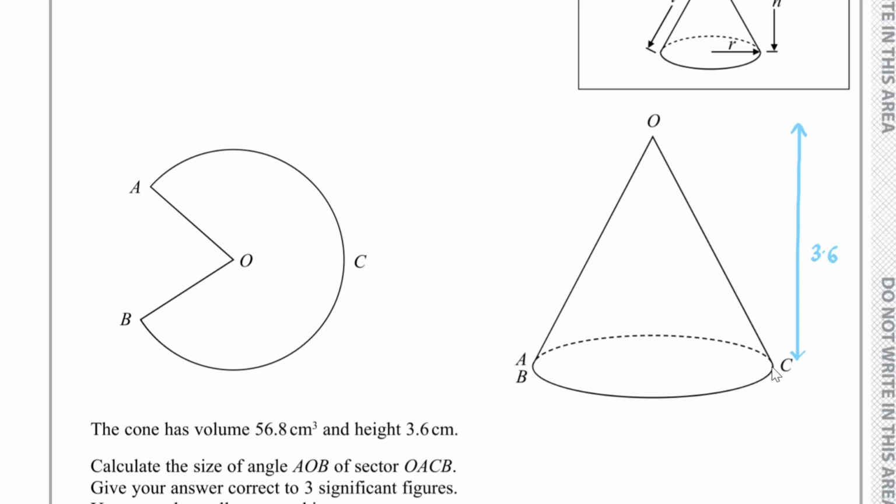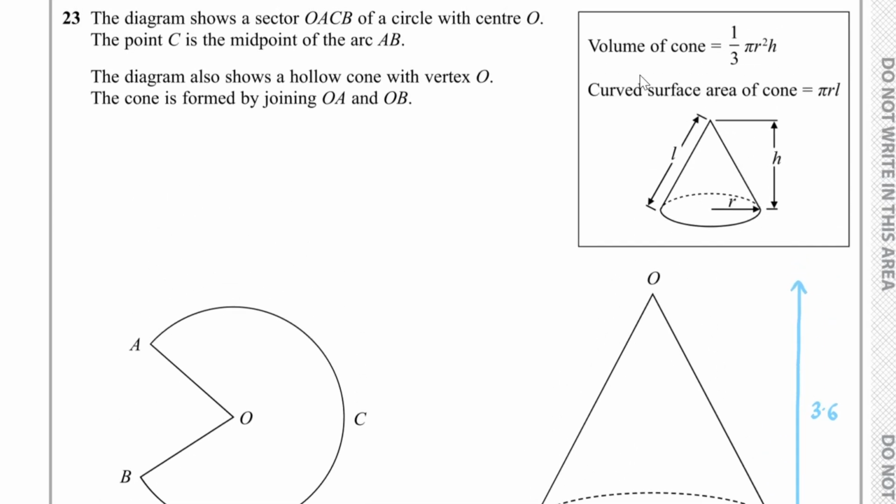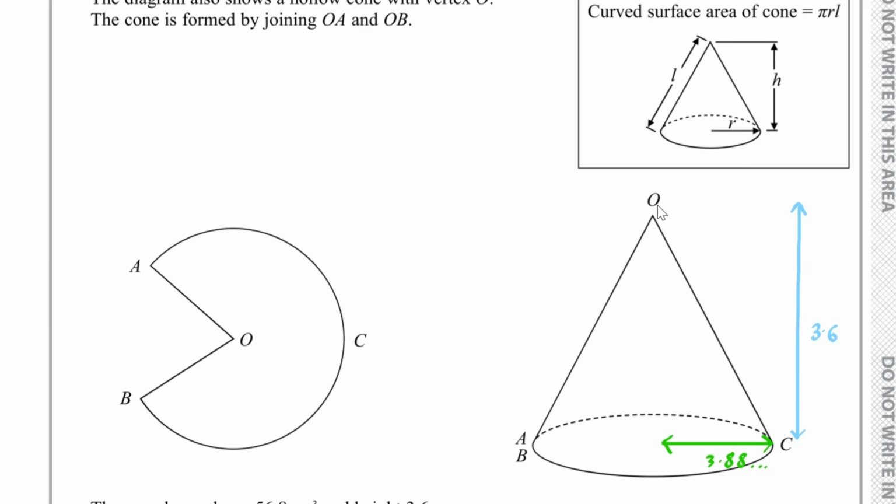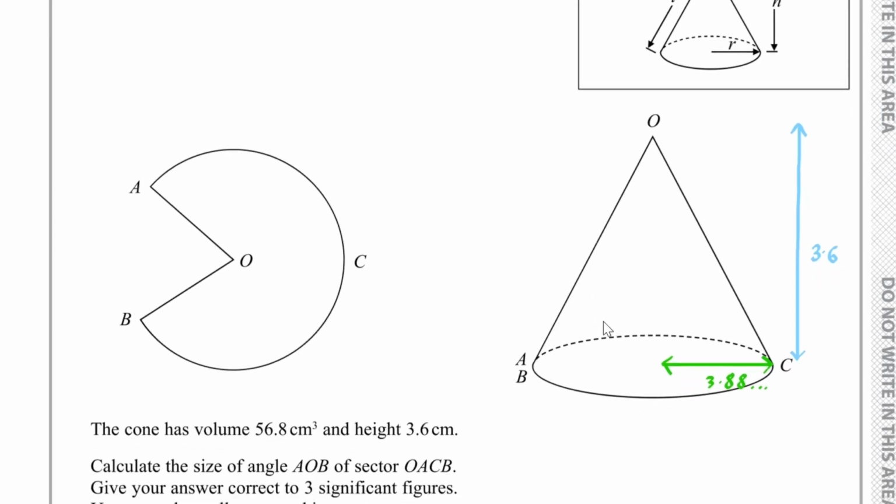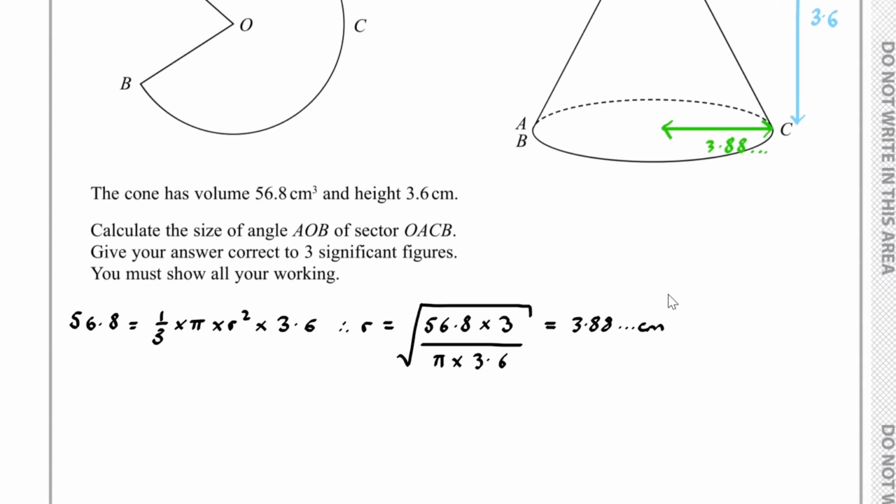The radius here is 3.88, etc. So what can we do with that? Well, we can work out the curved surface area of the cone to find out what L is. To do that we can use Pythagoras, because essentially we've got a right angle triangle.